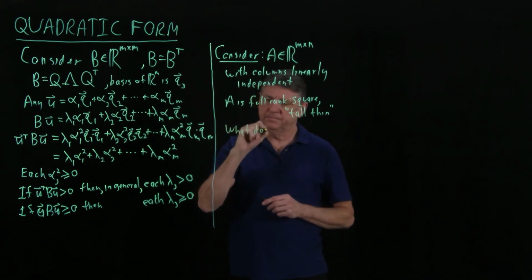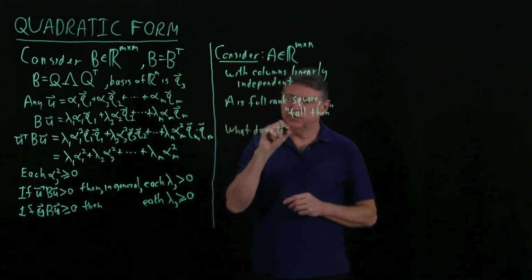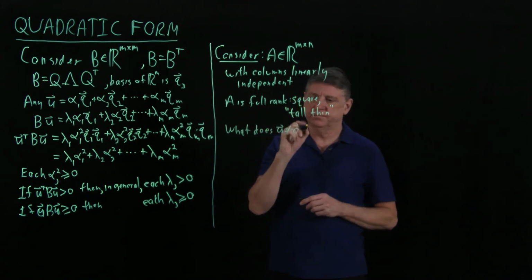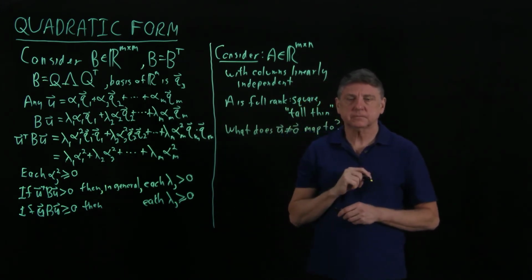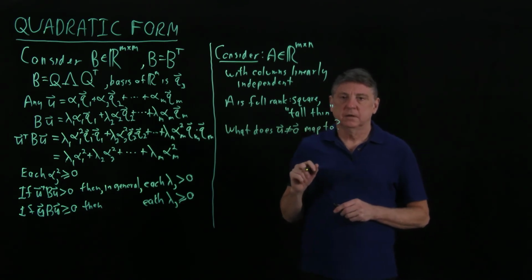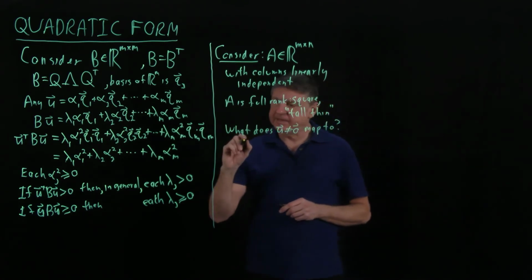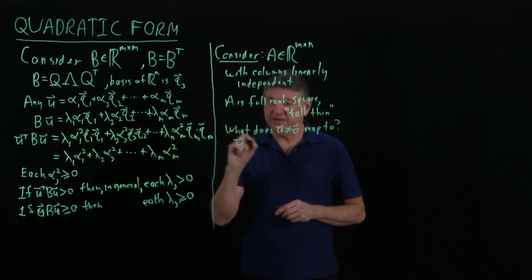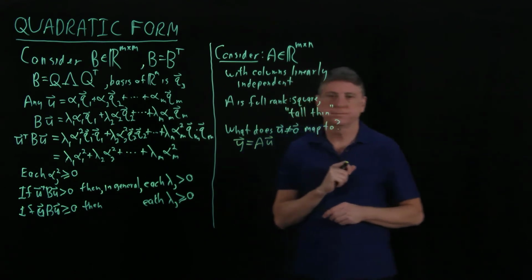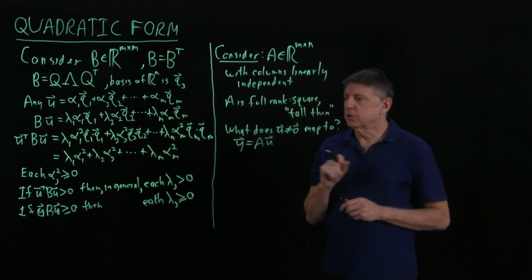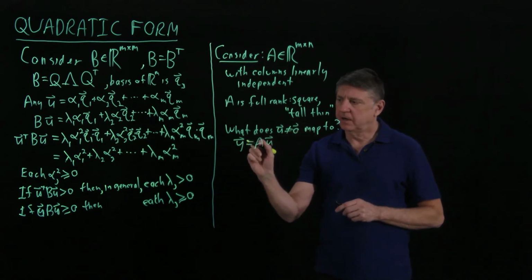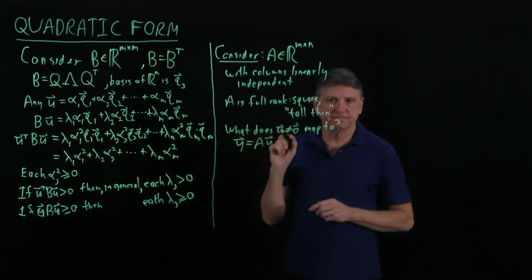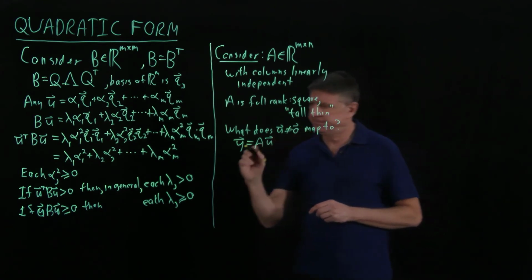So if A is a full rank matrix, square or not, let's think about this. What does a U that's non-zero map to? Let's say that it maps to some vector y, so y equals A times U. What is the norm of y? Let's look at the norm squared.